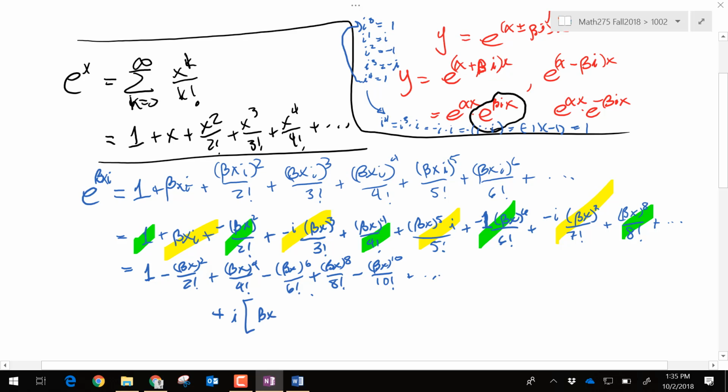Beta x minus beta x cubed over 3 factorial plus beta x to the 5th over 5 factorial. And then what's next? Beta x to the 7th over 7 factorial. And what do you think would be next? Plus or minus? Plus, it looks like it's an alternating series. Beta x to the 9th over 9 factorial. And then we can even go one more. It should be a minus.